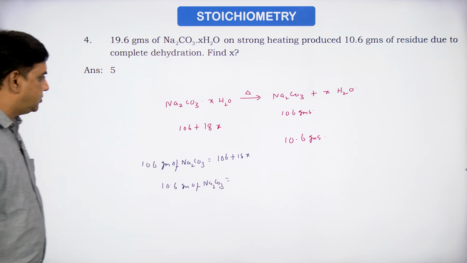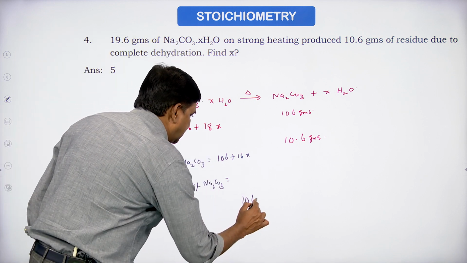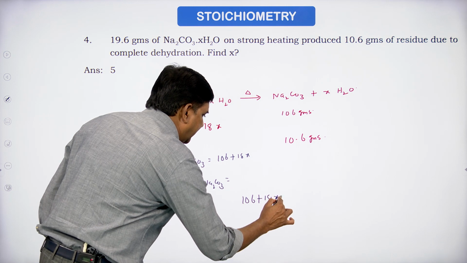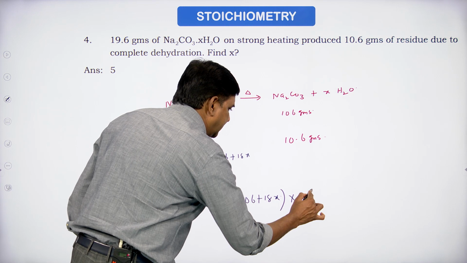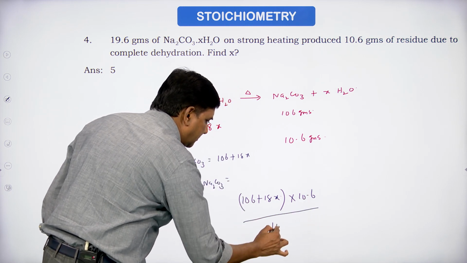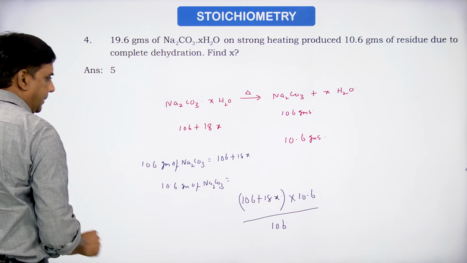So, that is equal to, if you do the calculation, 106 plus 18x into 10.6 by 106, and on cancellation this becomes 10.